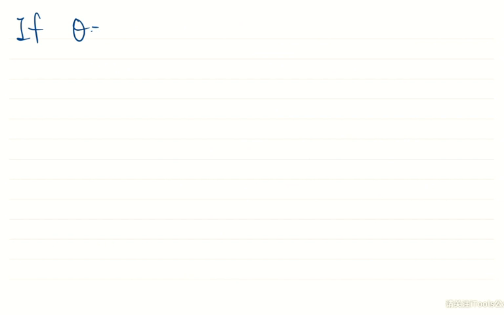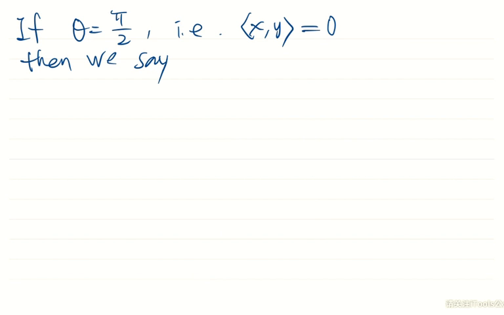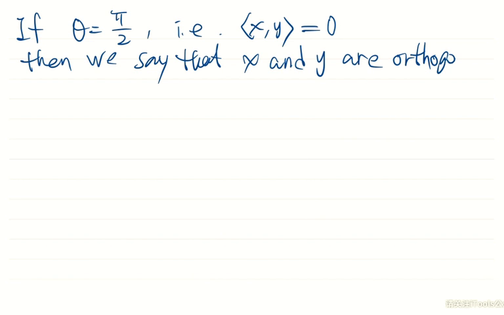If theta is pi over 2, 90 degrees, that is to say the inner product of x and y is 0, then we say that x and y are orthogonal, denoted by this notation.